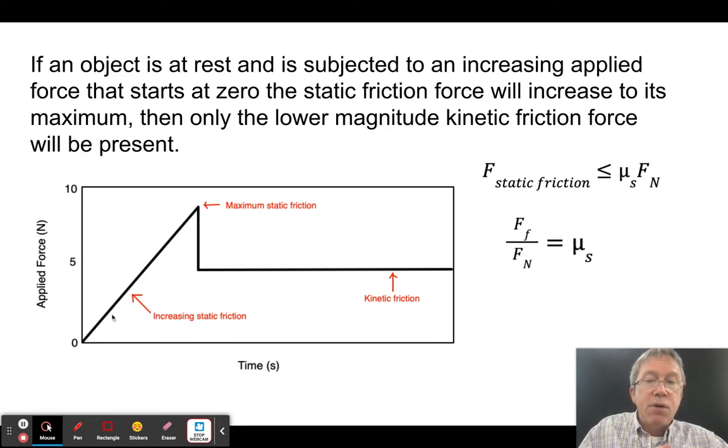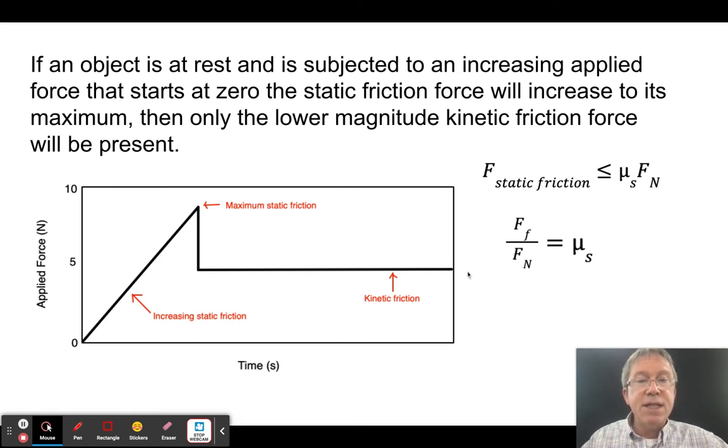If I apply more and more, it gets higher and higher until I reach a certain maximum static frictional force. That maximum value is when this equals this. It could be less than this value here, but when I get to that maximum value, it equals this value. And as soon as that happens, the object sort of breaks loose and begins to slide.